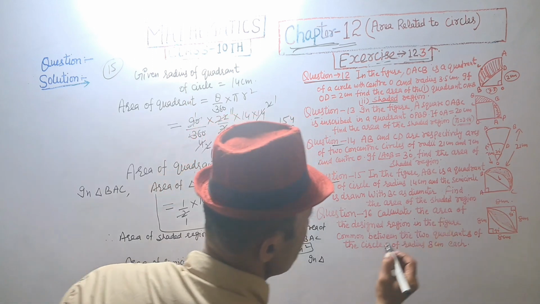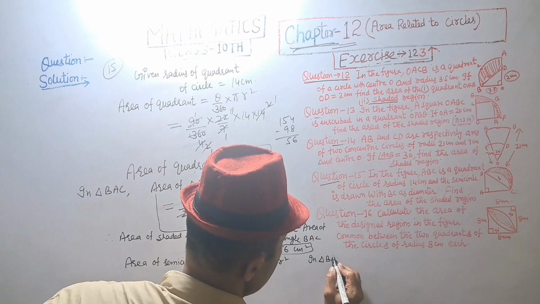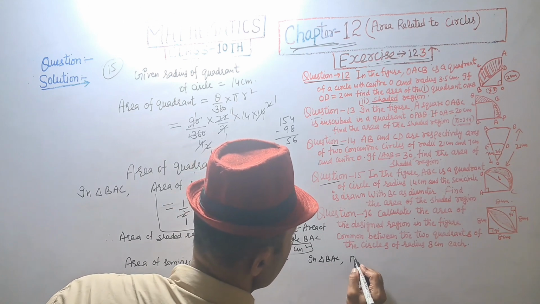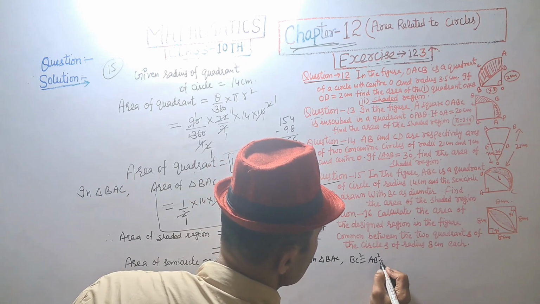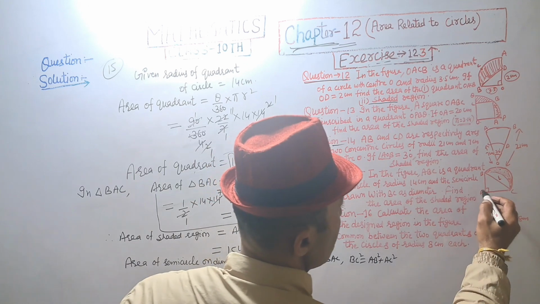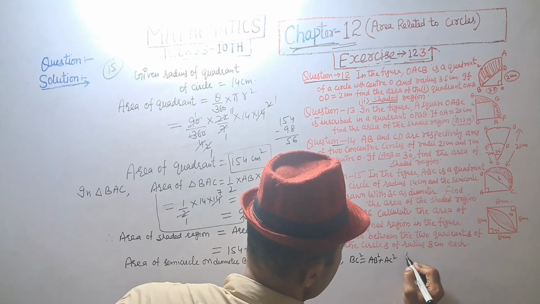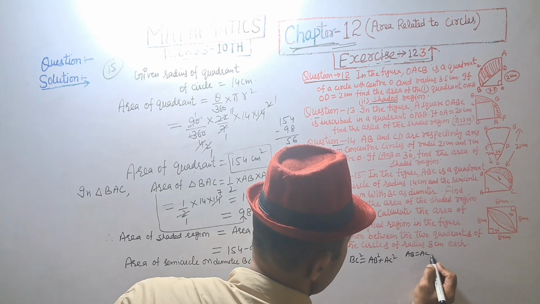In triangle BAC, BC square is equal to AB square plus AC square. AB is equal to AC.